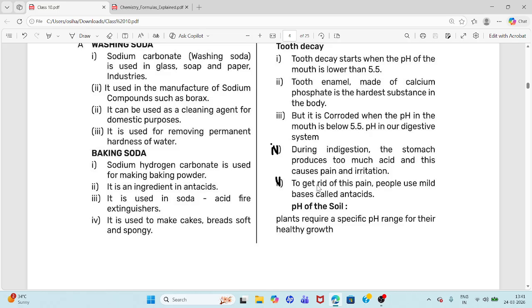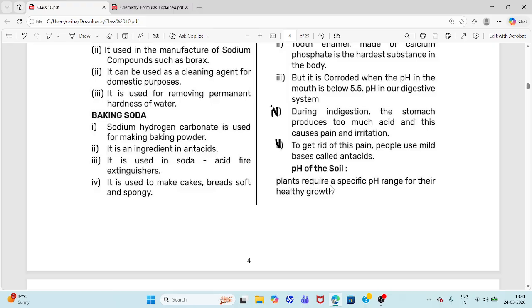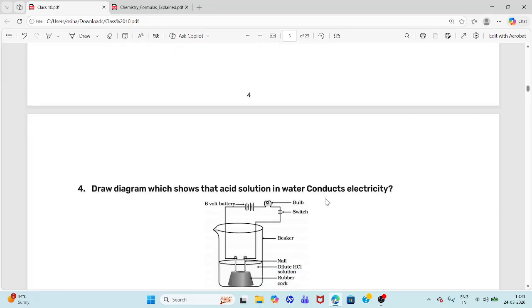Fifth point, to get rid of this pain, people use mild bases called antacids. pH of the soil: plants require a specific pH range for their healthy growth.